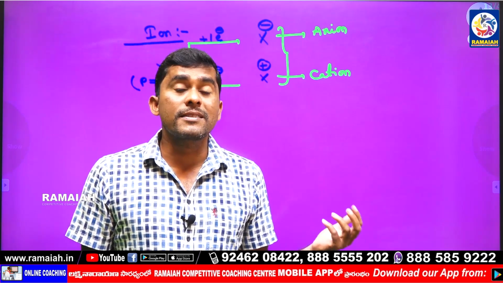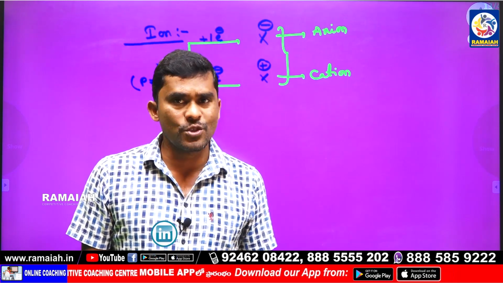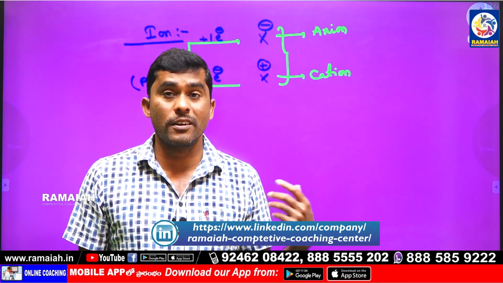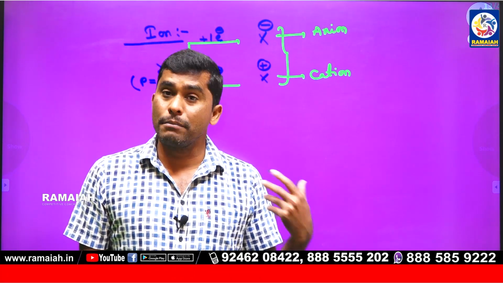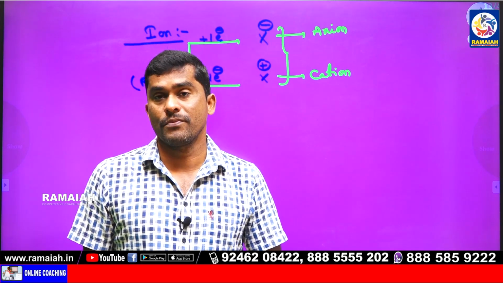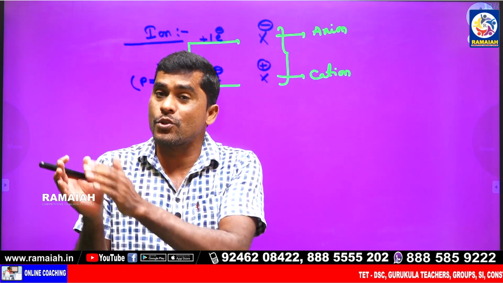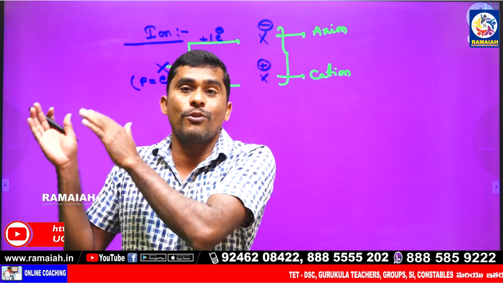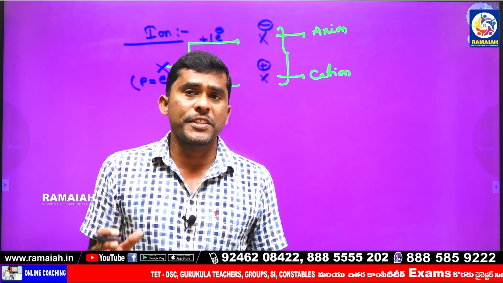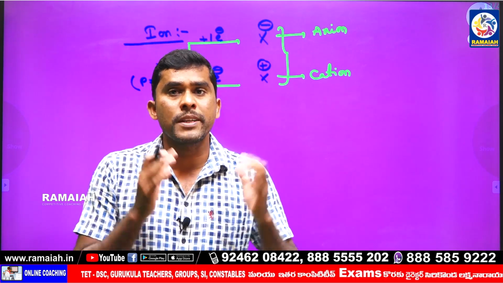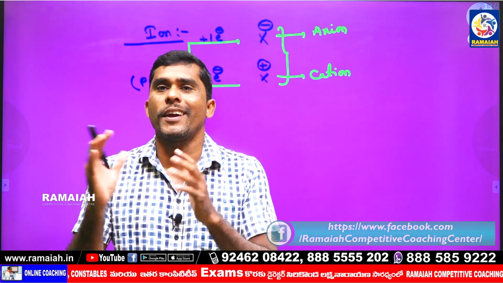So some ions have +1 or -1 charge, +2 or -2, +3 or -3, +4 or -4. The ions which have +1 charge are known as unipositive ions.